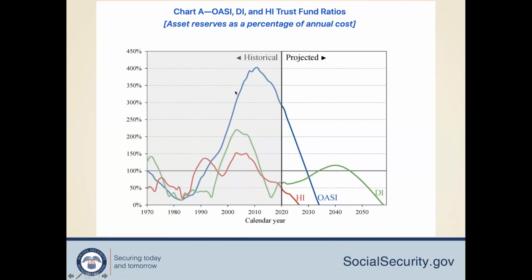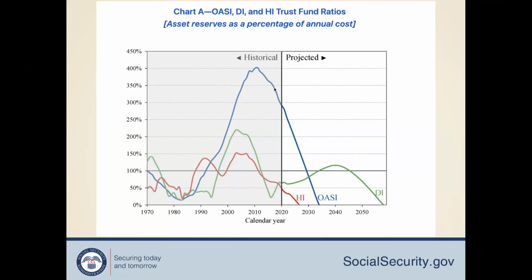So historically, we have been up to 400% asset backing, right? Asset reserves as a percentage of annual cost were up to 400% in 2010. But now there is less revenue coming in because more and more people are retiring and immigration has been cut down.